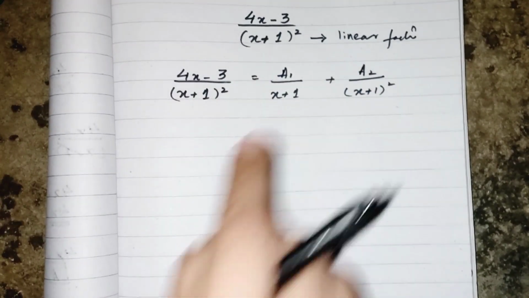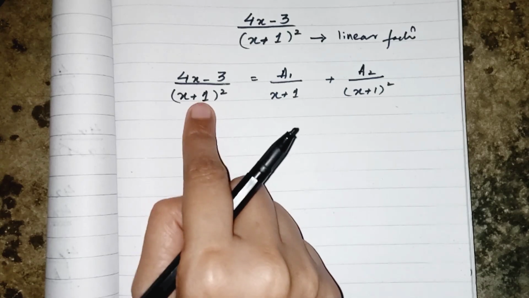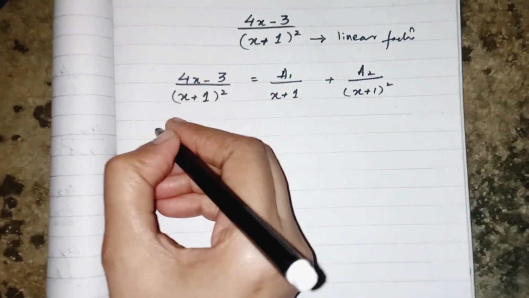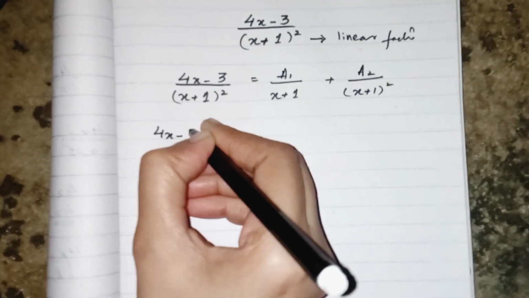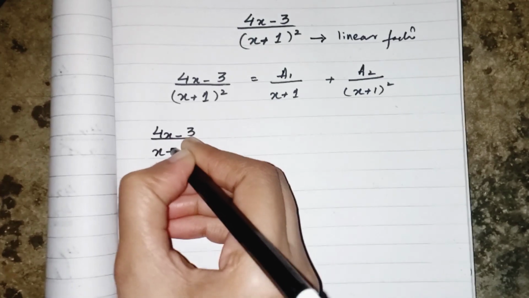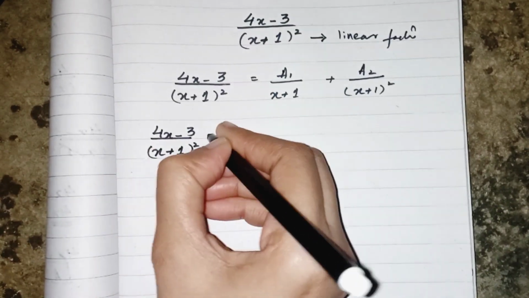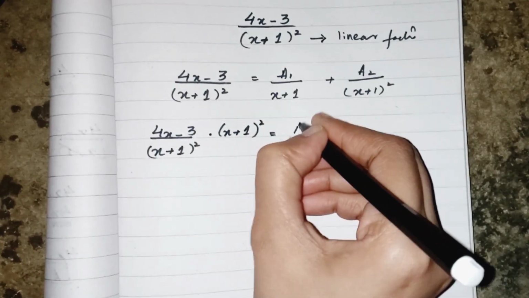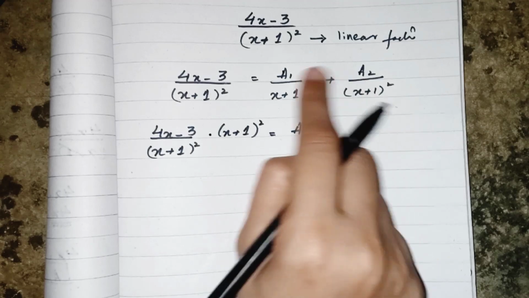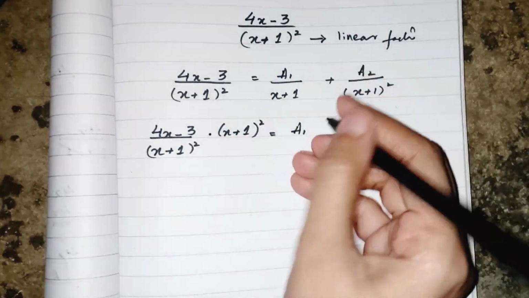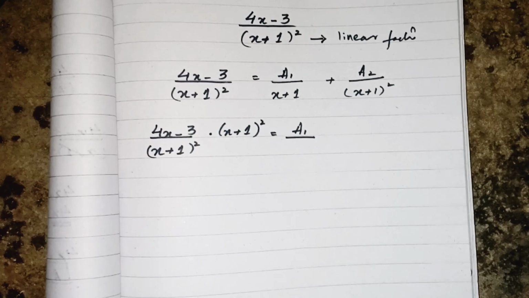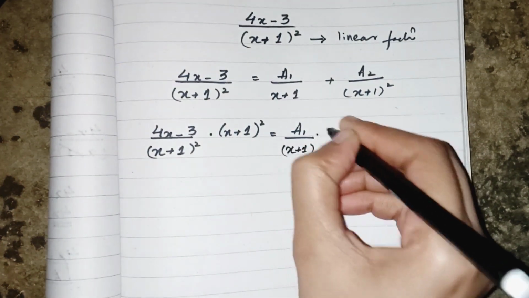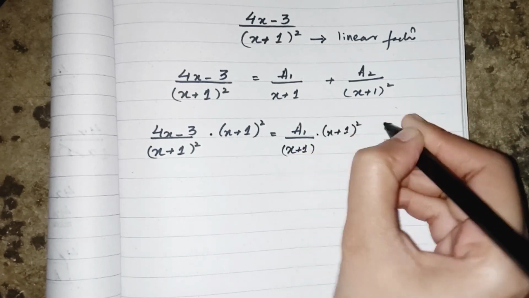So simply what we have to do, we just have to remove this x plus 1 whole square, so we have to multiply by it on both sides. So we can write it like x plus 1 whole square multiplied by x plus 1 whole square equals to, where a1 and a2 both fractions will multiply by this term, a1 upon x plus 1, which will be multiplied by x plus 1 whole square.